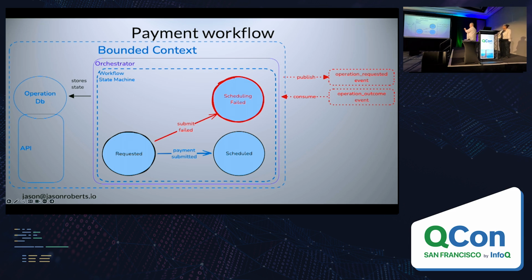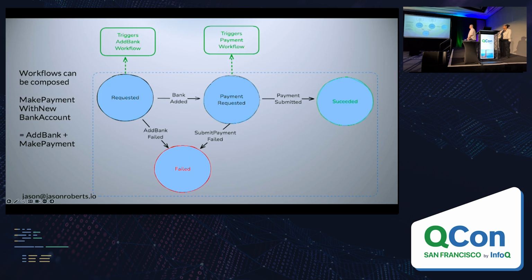That will go down to another component who's going to send back a response that says it succeeded or it failed. And the state will transition to either scheduled or couldn't schedule. And that status can be reported back to the applications through the API. That's not a complicated state machine.